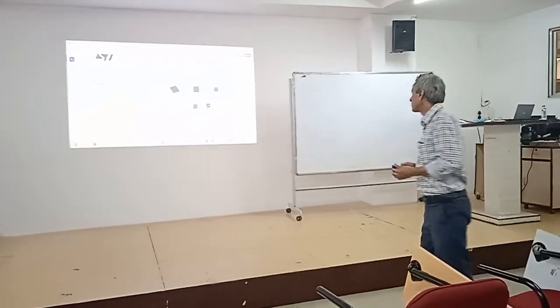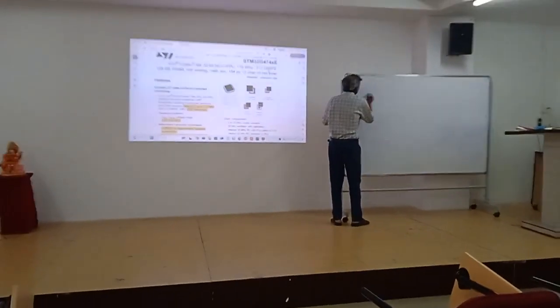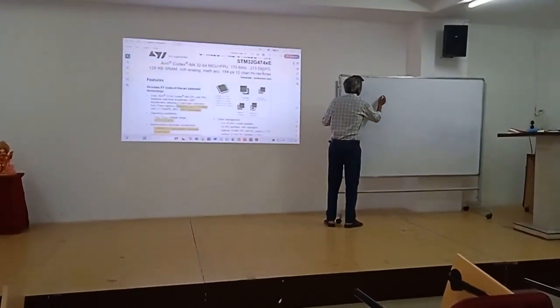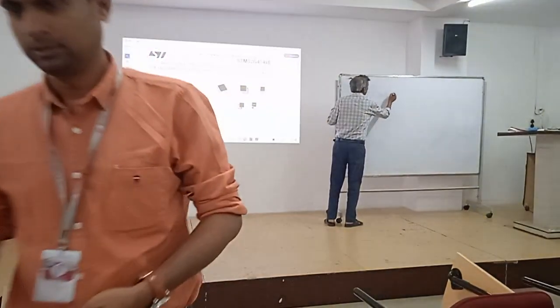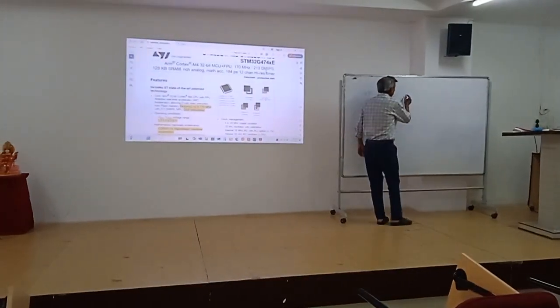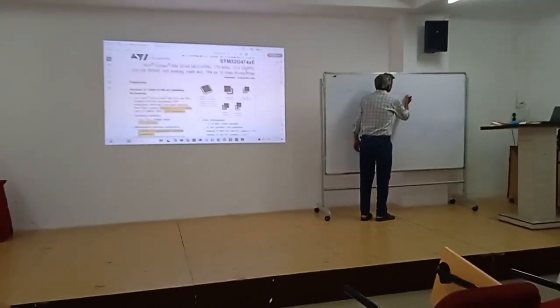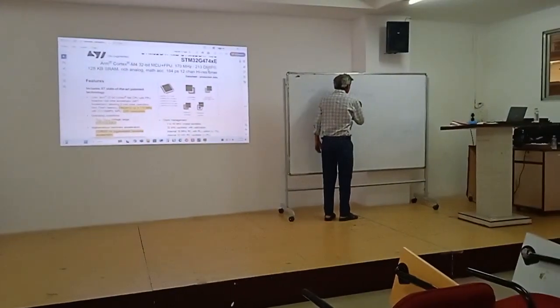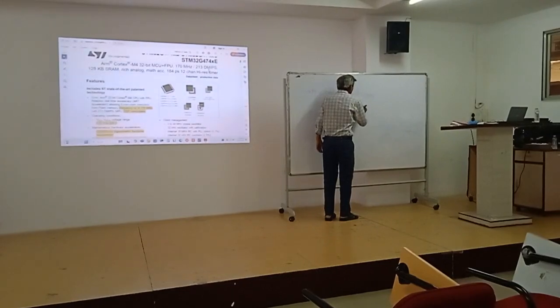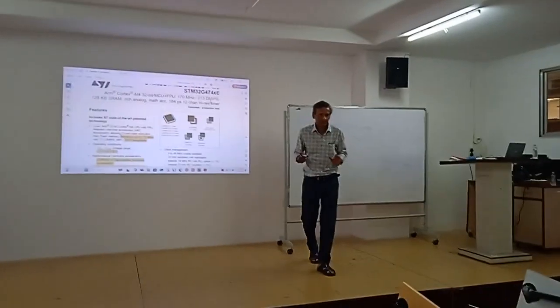So this microcontroller will have three things: PFC control. What is the aim of PFC control? Input PF should be 0.999 and THD should be less than. This is the purpose.